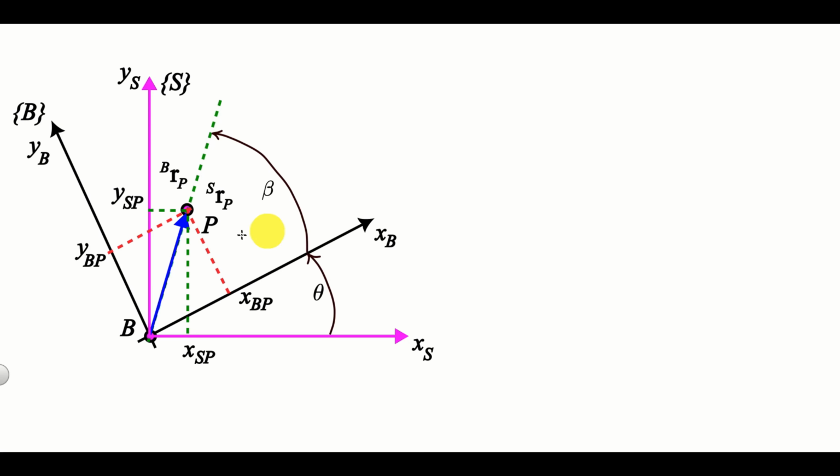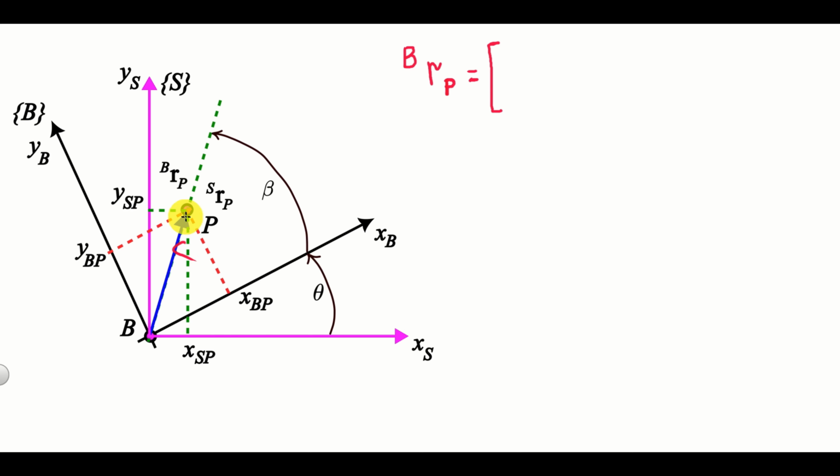To formulate our problem, we need to introduce the projections of the vector RP. That is, the projections of the distance vector shown over here. The vector RP with the representation in the frame B has these projections.